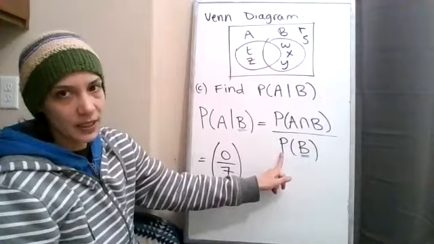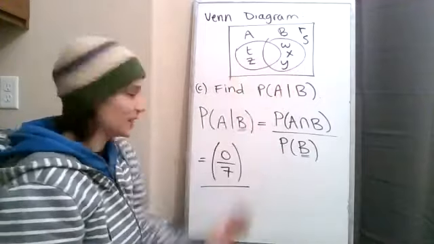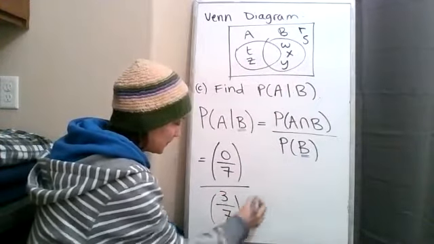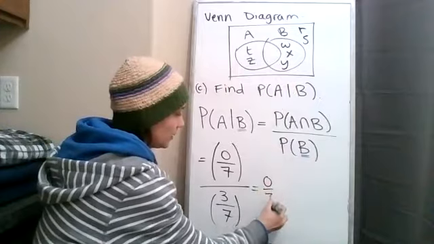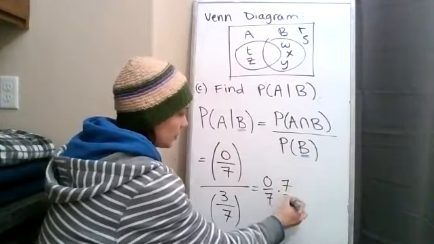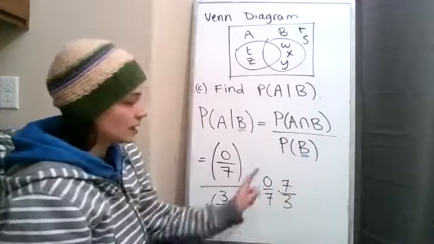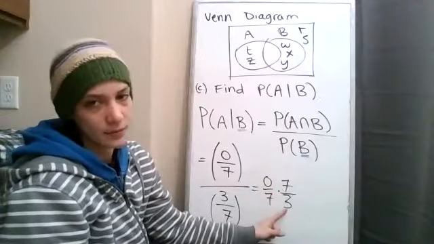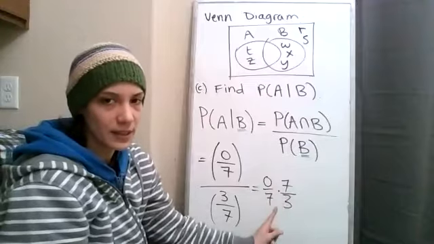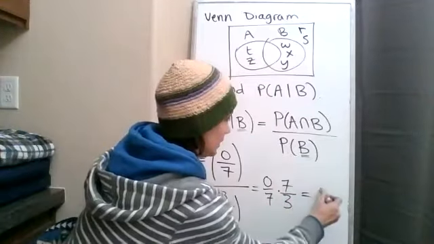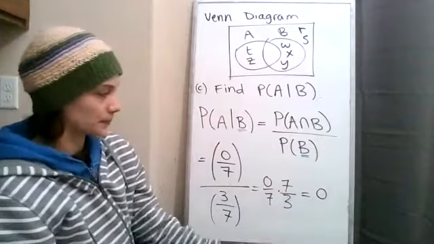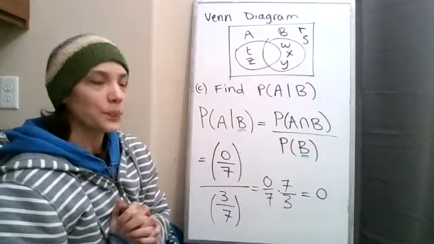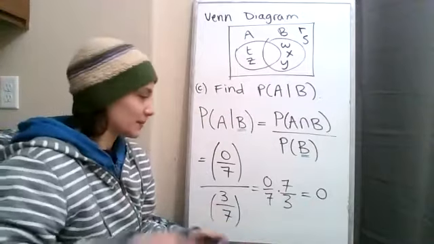Oh, we did this one. 3 elements out of 7. 0 over 7 multiplied by 7 over 3. 0 times 7 is 0, and 0 divided by 21 is 0. So that's the answer.